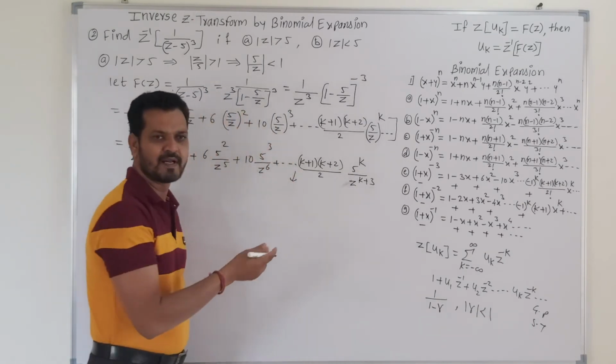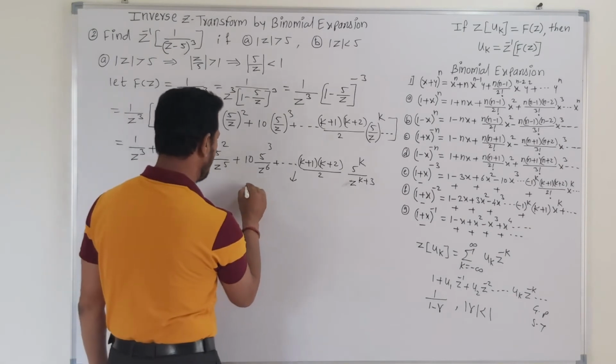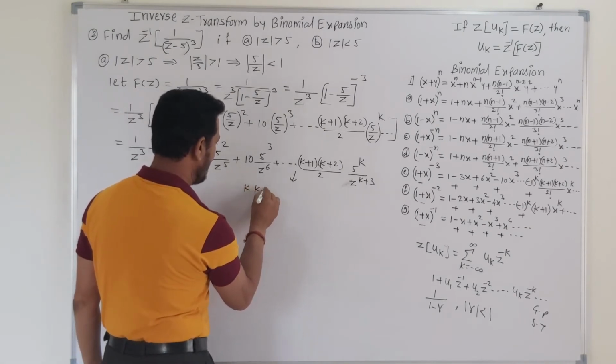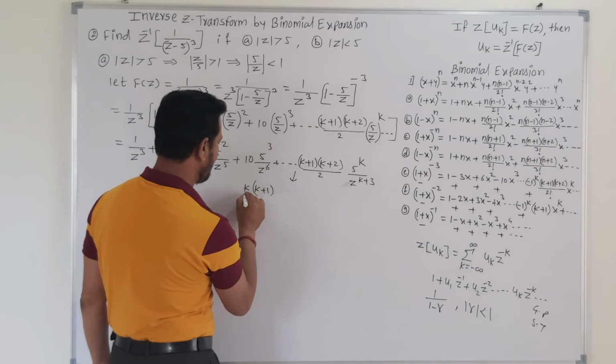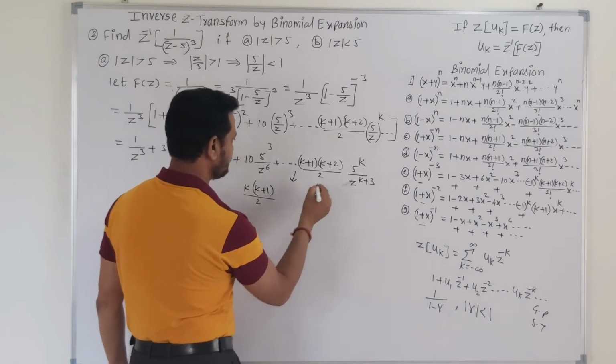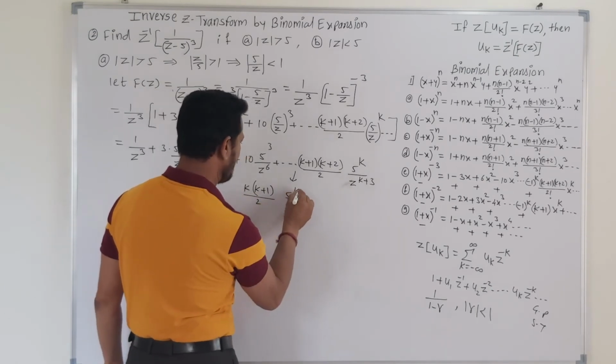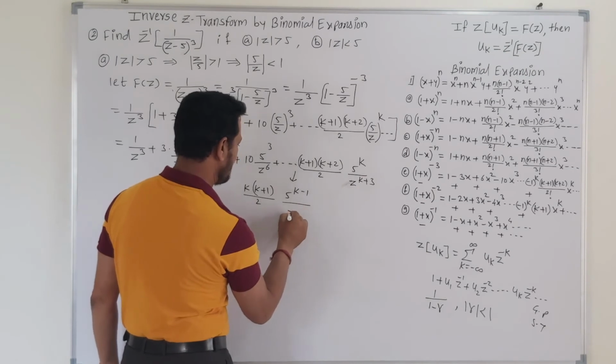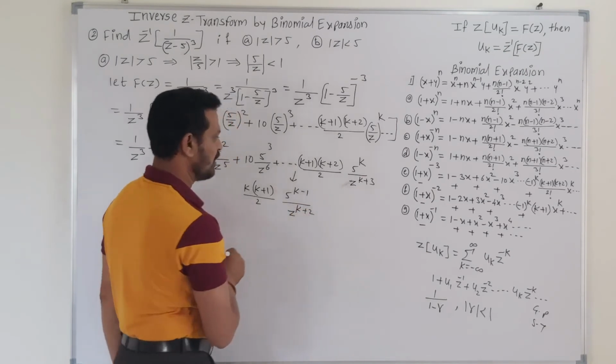So if we try to write the previous two terms, then the previous term is k, then k plus 1 upon 2. Then we can write this as 5 raised to k minus 1 upon z raised to k plus 2.